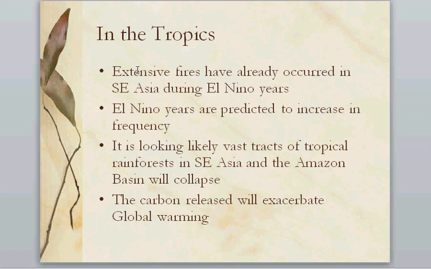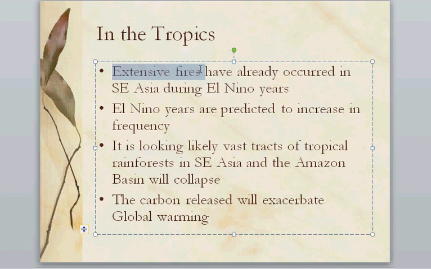And this occurred in Southeast Asia during El Nino years. Now, El Nino is a period where you would tend to get much more intense dry seasons. El Nino years are predicted to increase in frequency with global climate change and global warming.